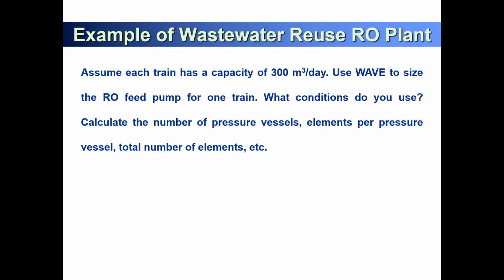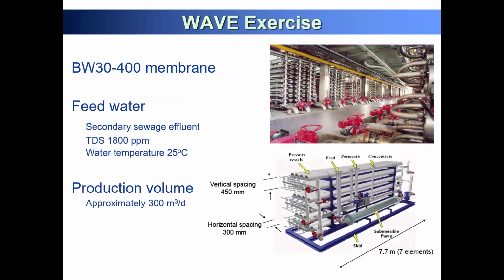So let's start designing 300 cubic meters per day wastewater. So what we have to know, what kind of membrane can we utilize? The BW, brackish water. So wastewater is brackish water. BW3400 membrane. This is one of the membrane types. So you can just decide this one as an example, but you can see from the software different membrane module elements.